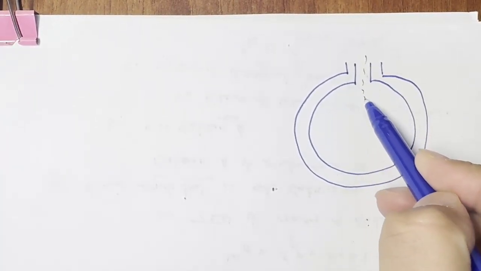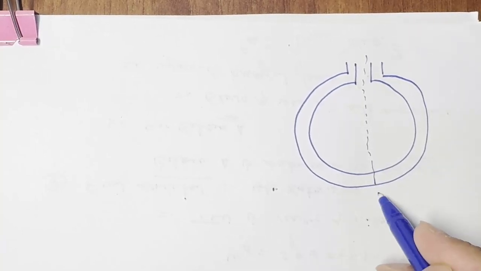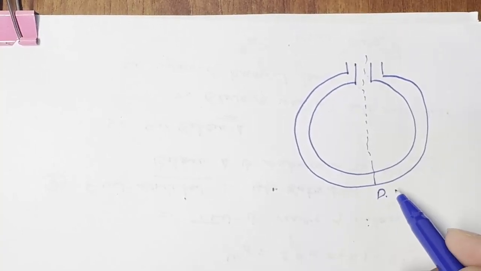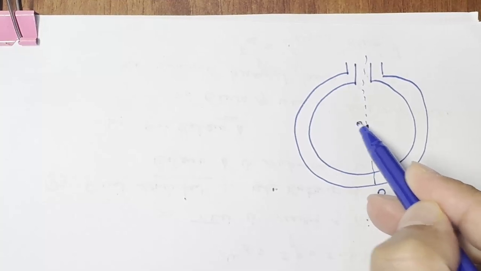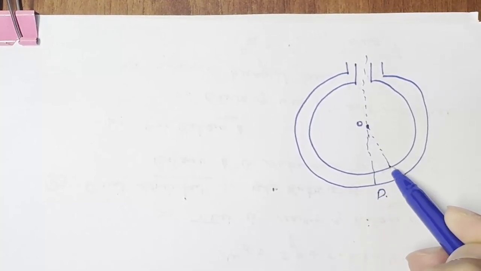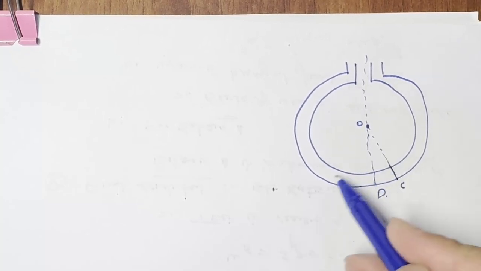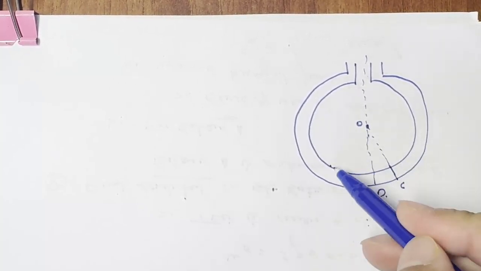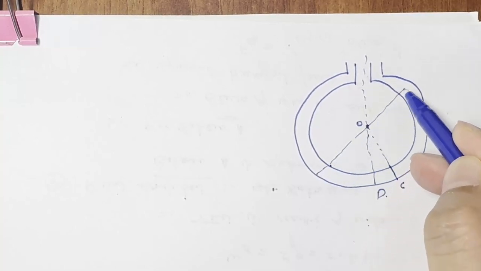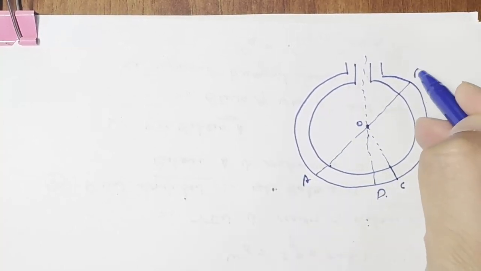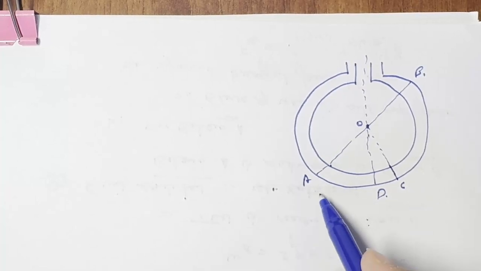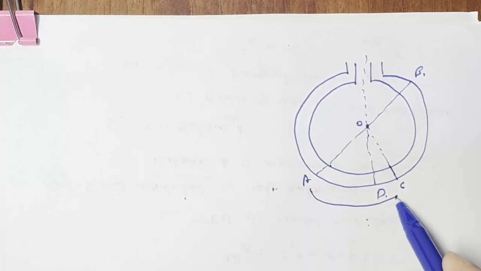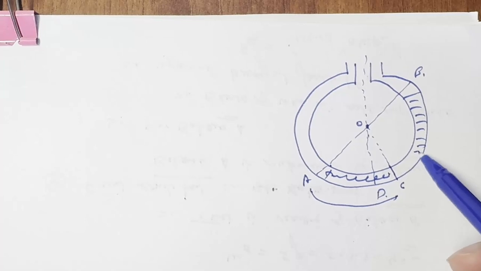So this is our central axis. This point is given as D, and this is our center, that is O. So somewhere here there is C point, and somewhere here there is A point, and across this it is here B. So this is A and this is our B. And for this entire section, this is one liquid and this is the second liquid.